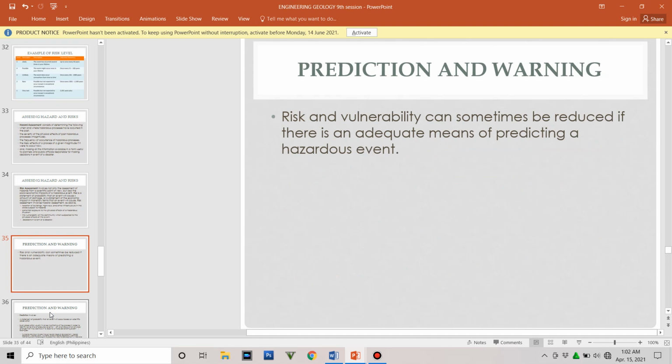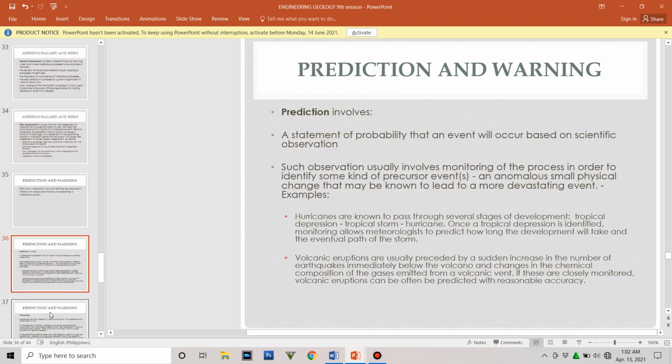So, as a matter of treatment also, risk and vulnerability can sometimes be reduced if there is an adequate means of predicting a hazardous event. So, prediction involves a statement of probability that an event will occur based on scientific observation.